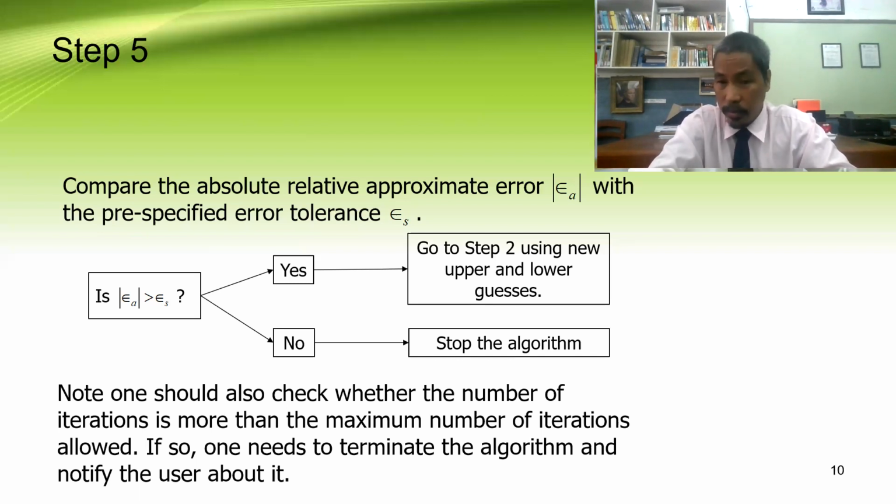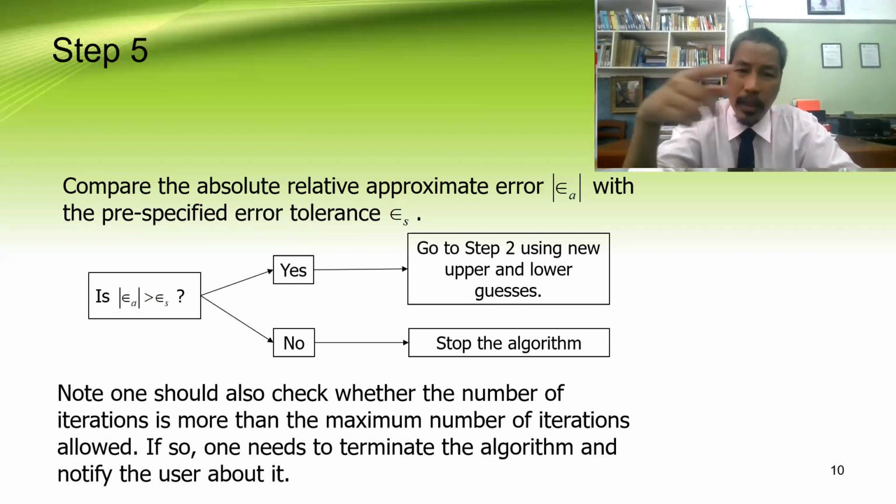If you feel that the computation will go on forever, going back to step 2, 3, 4, step 5, then again step 2, and so on, just set a maximum number of iterations.